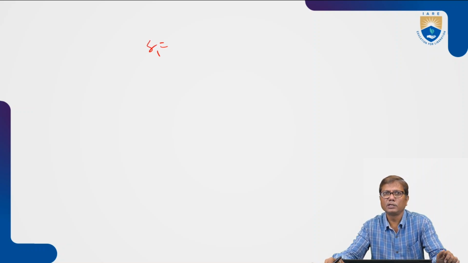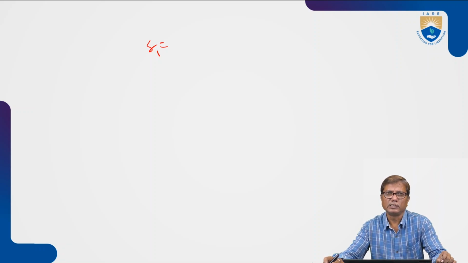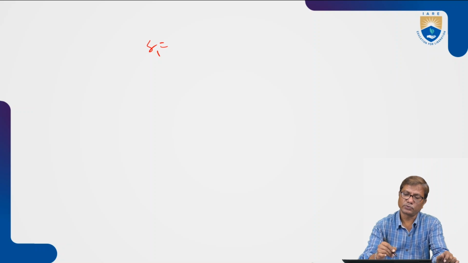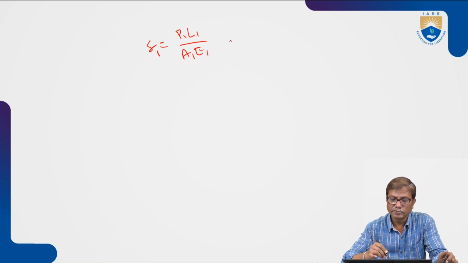It is P1 L1 by A1 E1 actually, because Young's modulus is also different here. Okay.